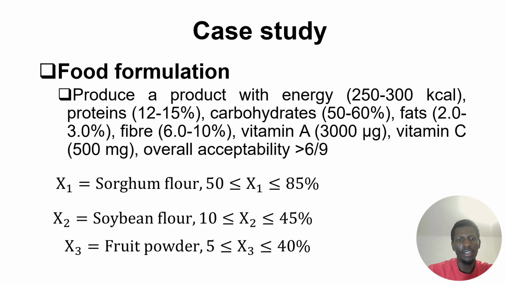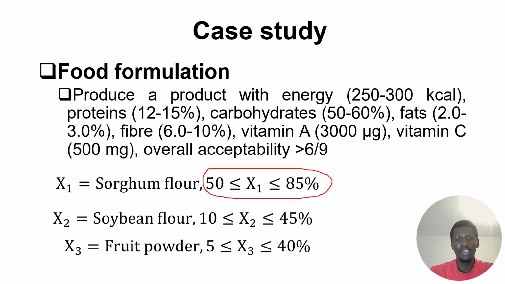And we've already set the limits of substitution of these ingredients, with sorghum at a limit between 50 to 85%, soybeans between 10 and 45%, while fruit powder is between 5 to 40%.